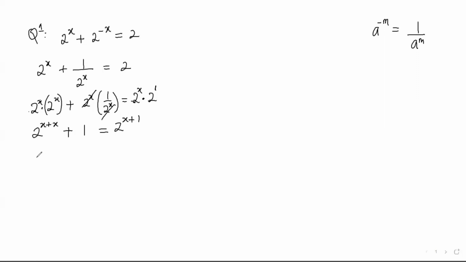We have here 2 to the 2x, since x plus x is 2x, then plus 1, then equal to this, which is going to be 2. Better still, I don't need to expand this whole power.